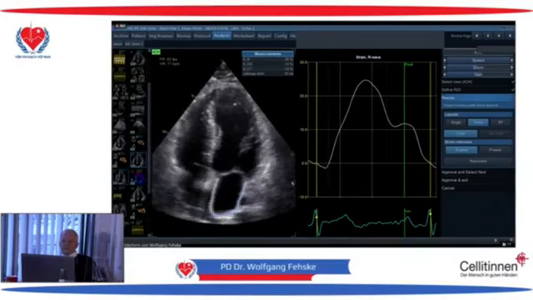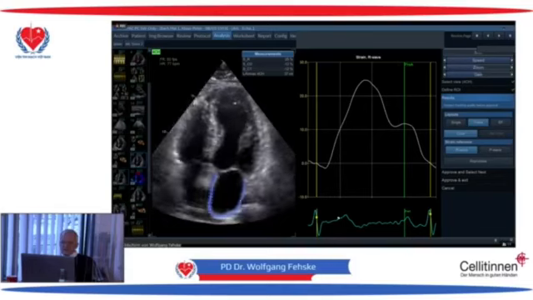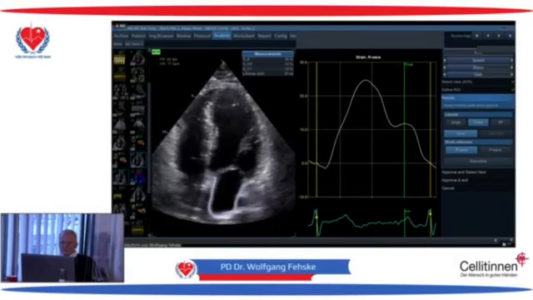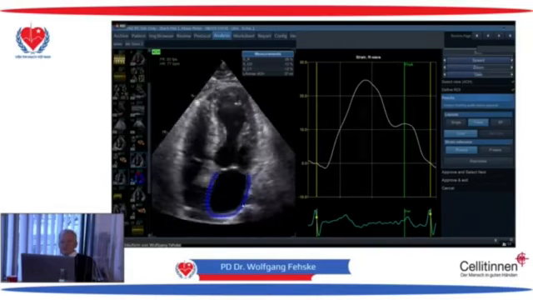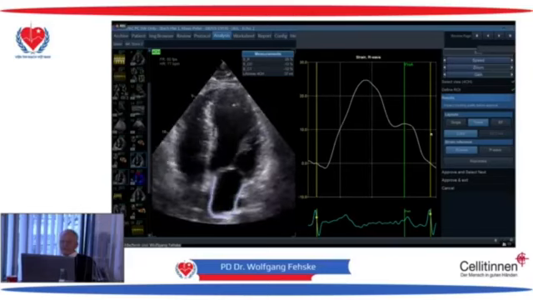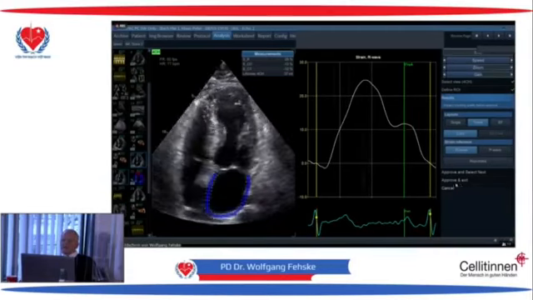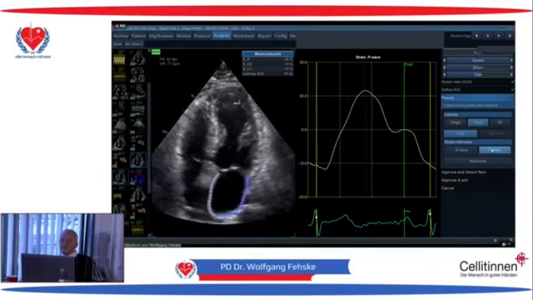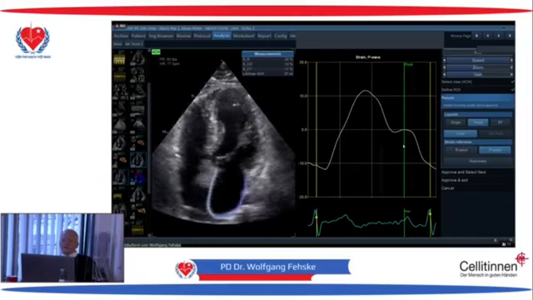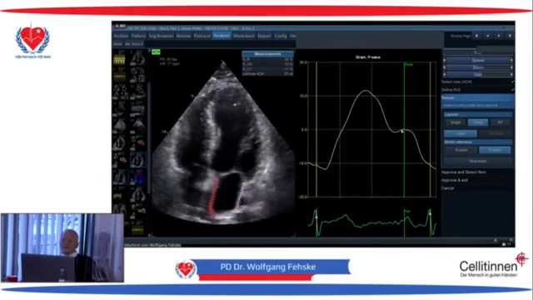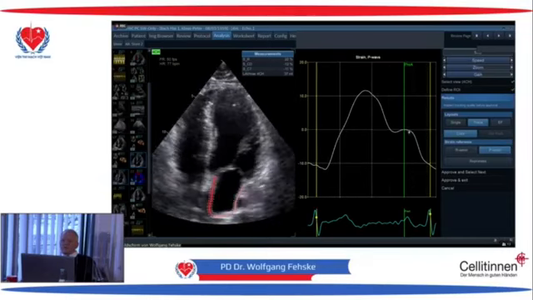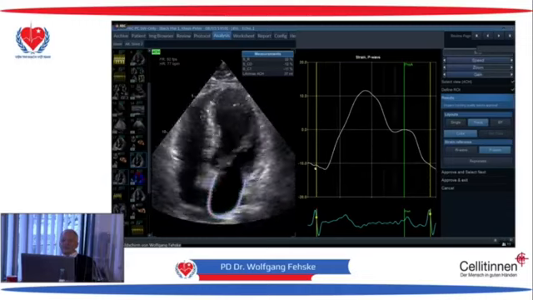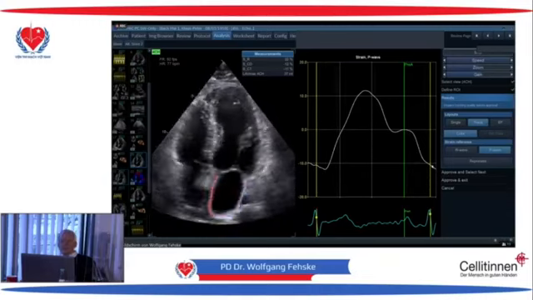And as long as the ventricle contracts in systole, the atrium is stretched. But this is the active part. So we try to define the active part when starting with the P wave, and this is the only active part, which is -10, which is already a lot.